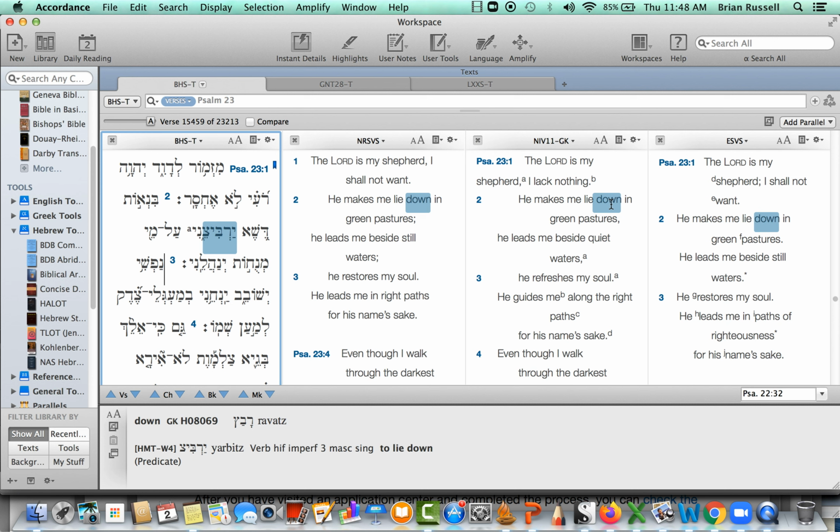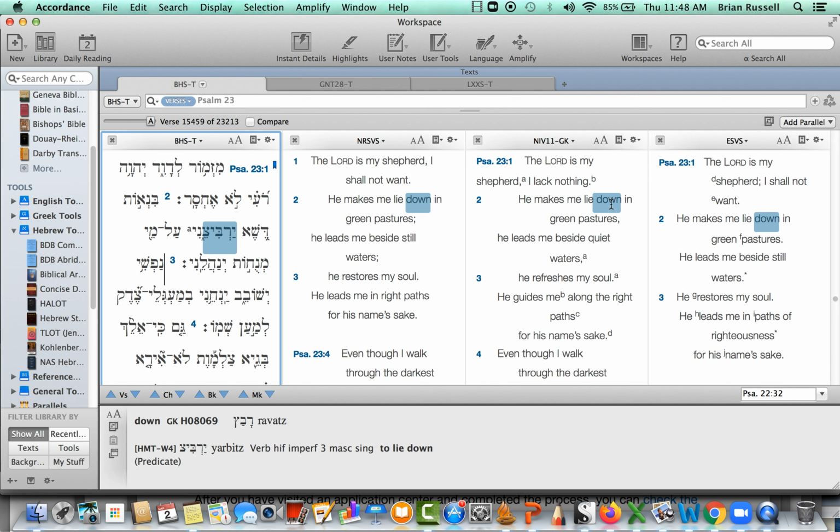Okay. So then what's the hifil? If you go back to the Hebrew review video I showed, qal is kind of our base. When you get into the piel and hifil, you're getting an element of causation. And so like in the qal, this verb just means lie down. When you get to the hifil, and you can look up hifil in 3.1.6, hifil has a causative piece to it, and that's what it is.